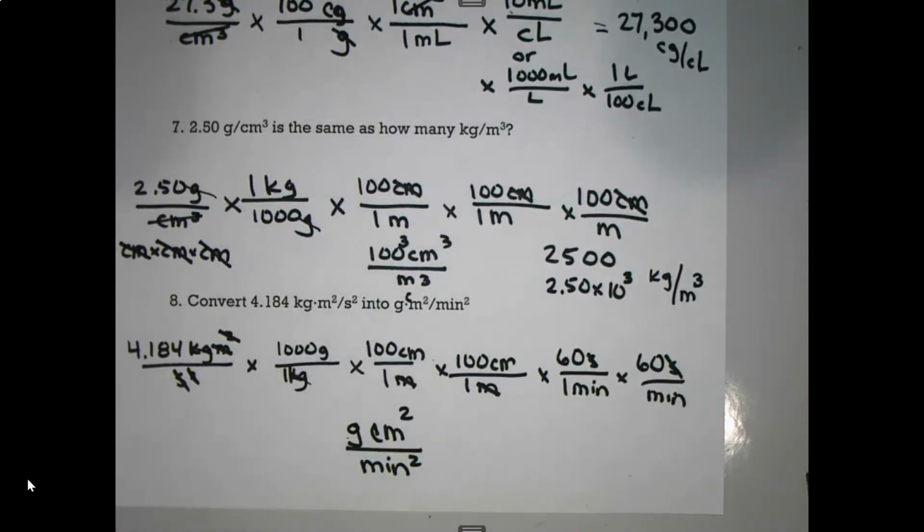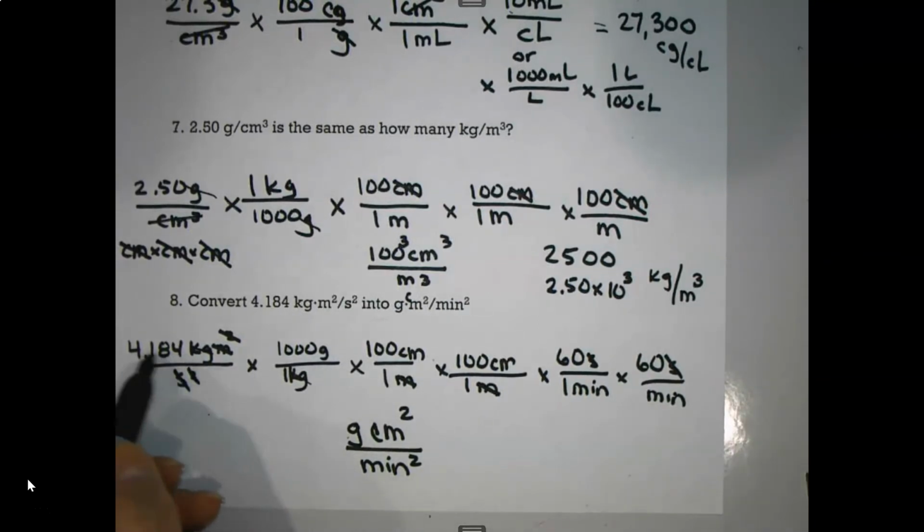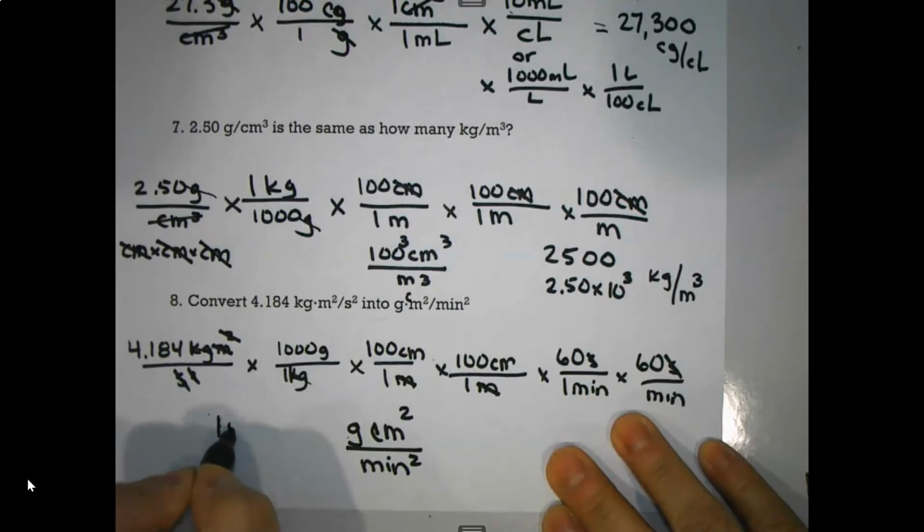So I'm going to have a big number. Look at all those things. 4.184 times 1,000 times 100 times another 100 times 3,600 gives me, with 4 sig figs, 1.506 times 10 to the 11.